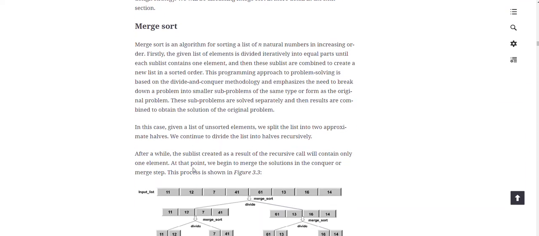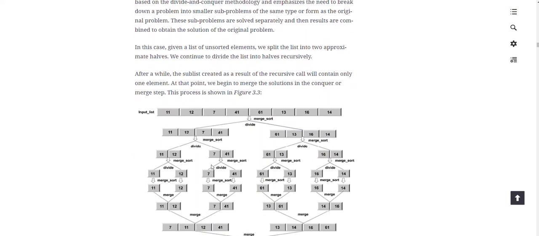So merge sort is another type of divide and conquer. It's a sort algorithm, not a search algorithm. All right, the way this works, we've got our array. Let's cut it in half.